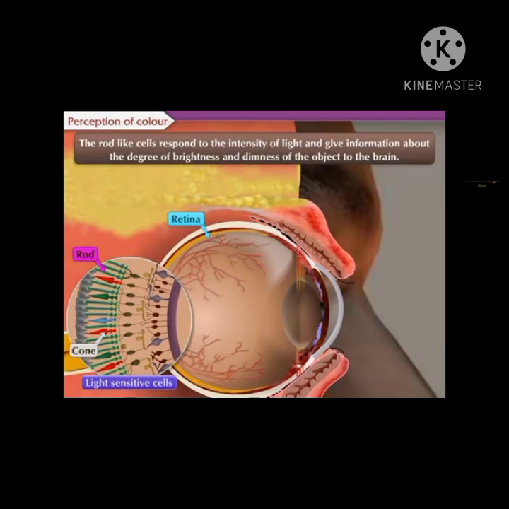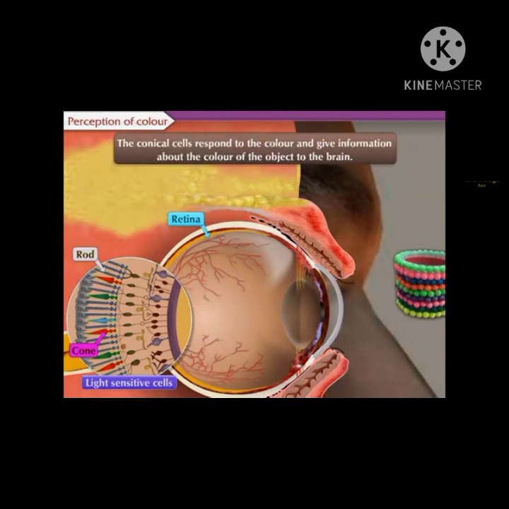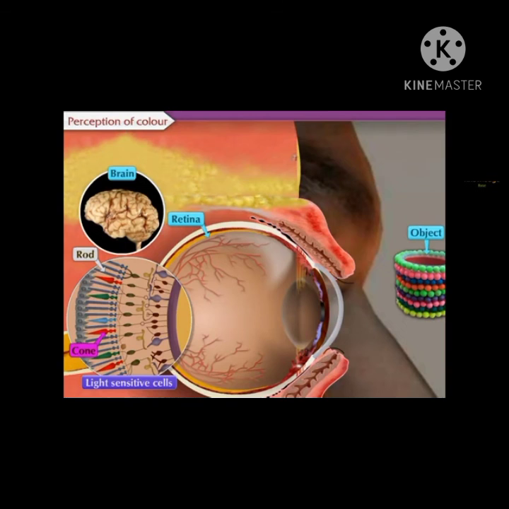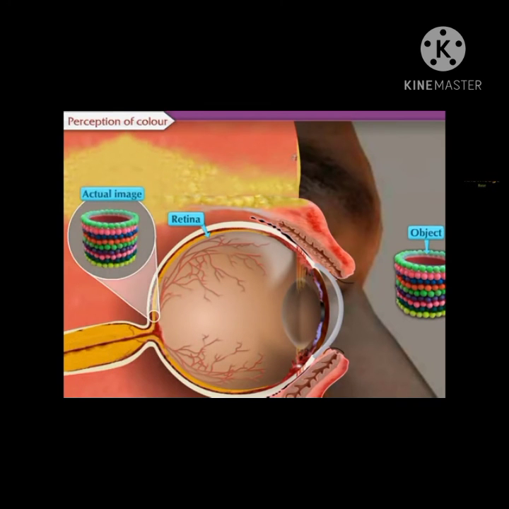The rod-like cells respond to the intensity of the light and give information about the brightness or dimness of the object to the brain. The conical cells respond to the color and give information about the color of the object to the brain. The brain interprets the information received and we get the actual image of the object.